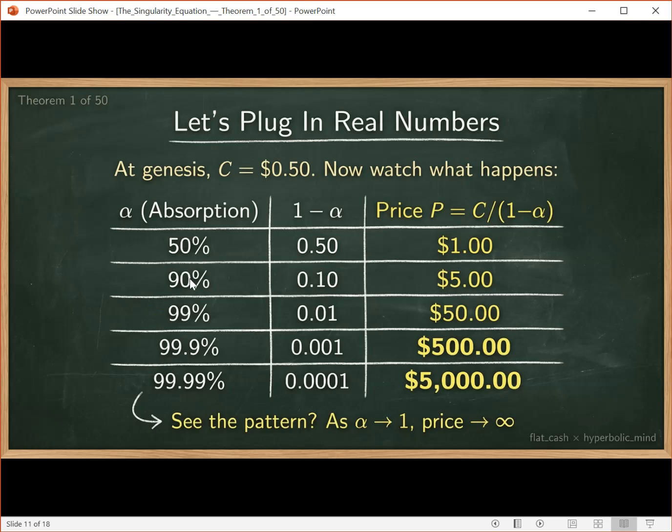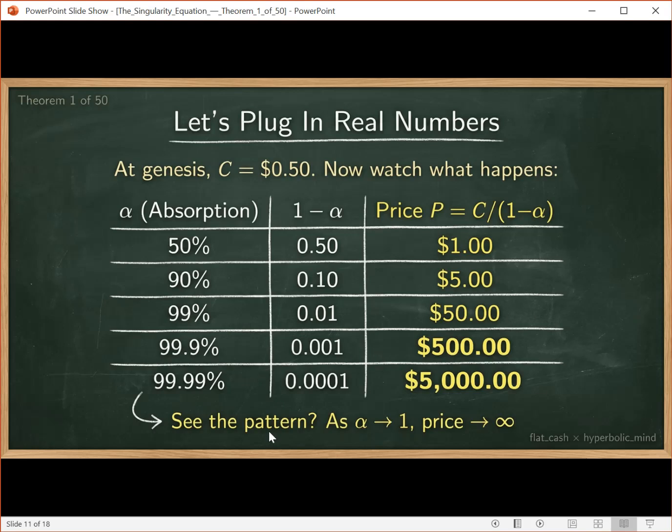And when it goes to 90%, now you put that number in, 1 minus alpha is 0.1. And when you divide, you get $5. And then when it goes to 99%, now 1 minus alpha is 0.01 and you get $50, and so on and so forth.